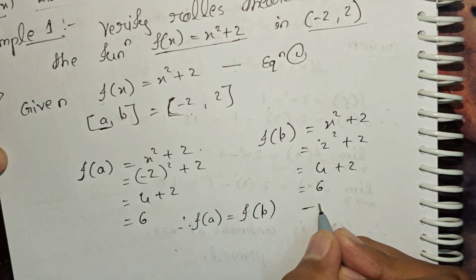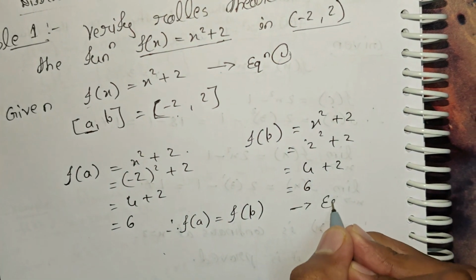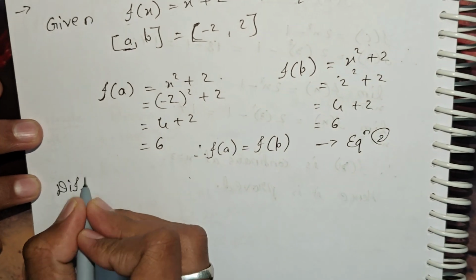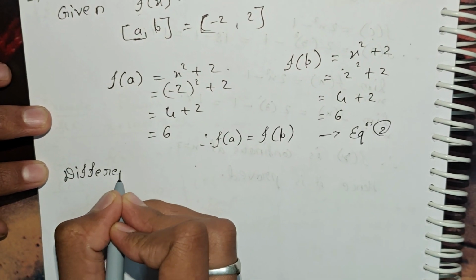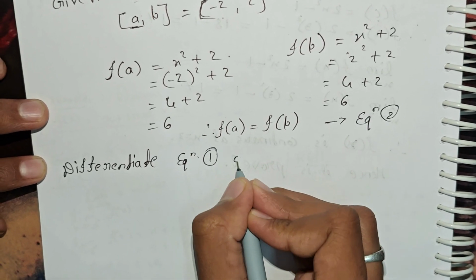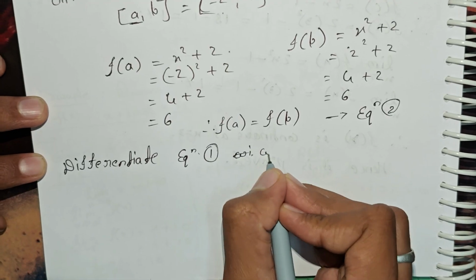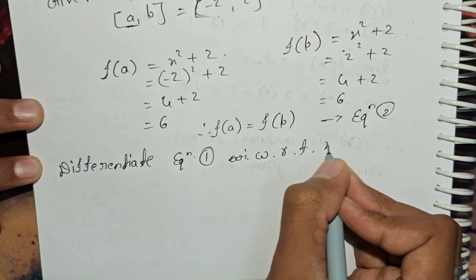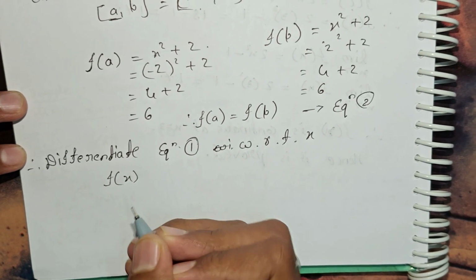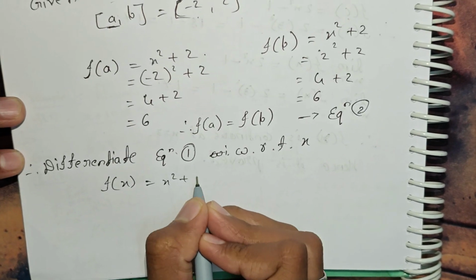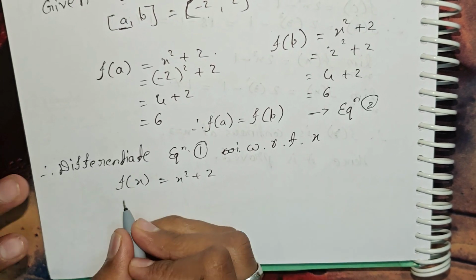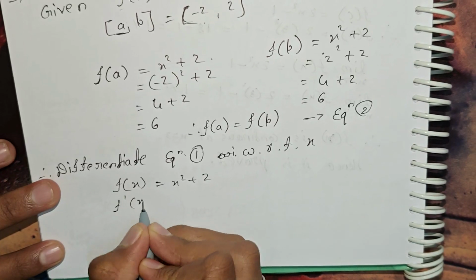Both are the same. Let us mention this as equation 1, and this as equation 2. Now differentiate equation 1 with respect to x. Our equation 1 is f of x equals x square plus 2. If we differentiate the function with respect to x, it becomes f dash of x.